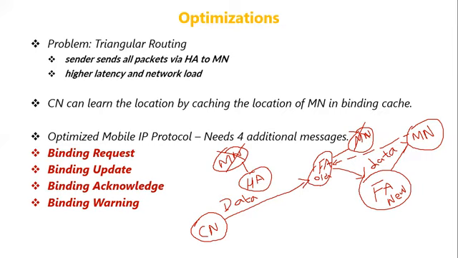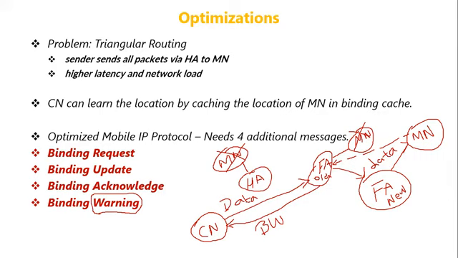And also FA old will send a binding warning to the correspondent node. Whenever the correspondent node receives the binding warning, it will understand that it is not communicating with the correct FA. It is communicating with some wrong FA.